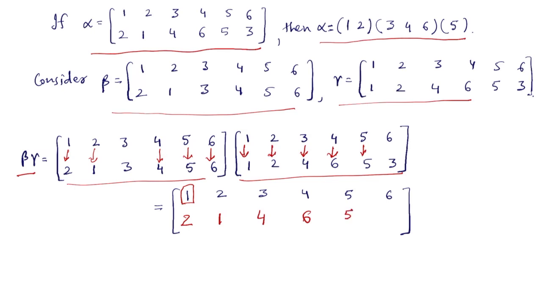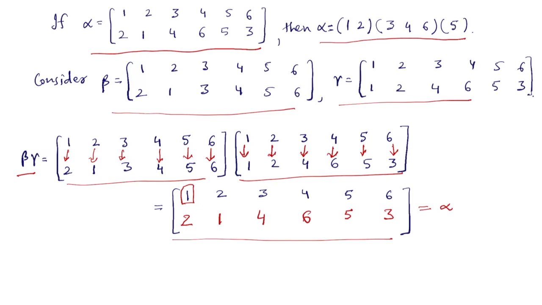So 5 goes to 5. Then 6 goes to 3 here, and 3 goes to 3 here. So 6 goes to 3 under beta gamma. So beta gamma is this permutation, and you see that this is nothing but alpha. So alpha is a product of these two permutations, beta and gamma.